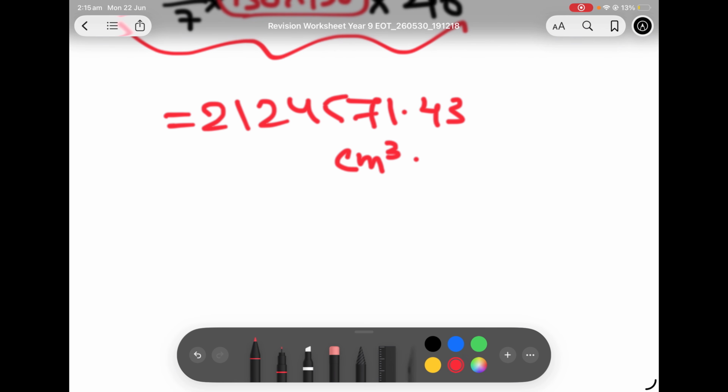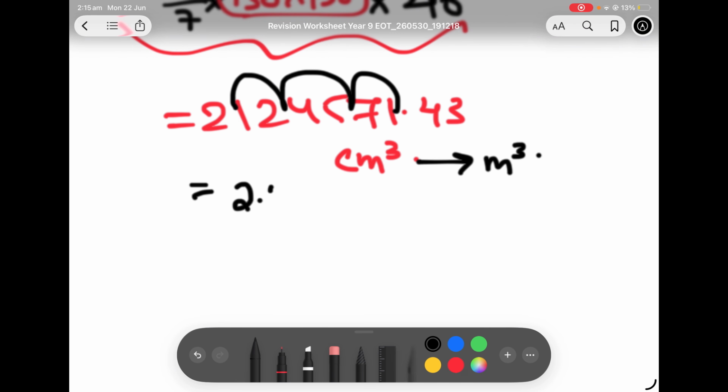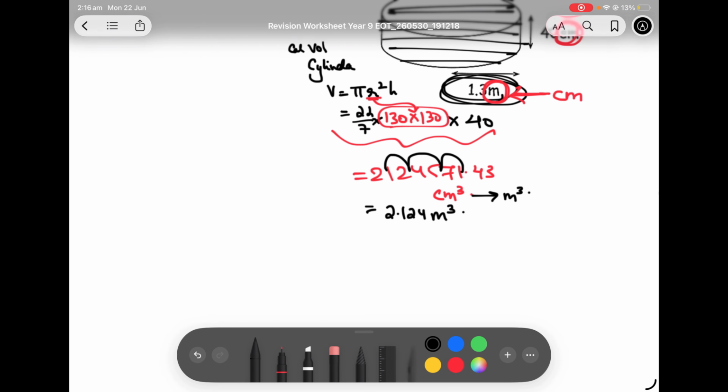First of all, converting it from centimeter cube to meter cube, the decimal would shift two places, two places, two places. So it becomes 2.124 meter cube.